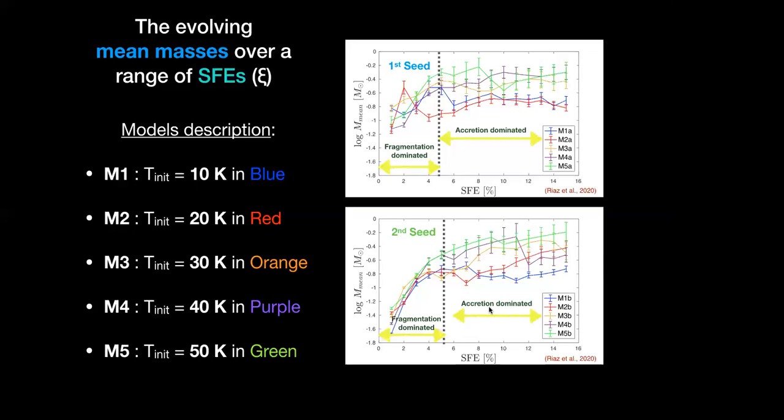So we can conclude that the CMB contribution is coming into existence with more pronounced effect in the accretion dominated regime, where the adiabatic phase is going on and the stellar masses are more dependent on what was the initial temperature of the gas cloud, what was the CMB contribution of the gas cloud. In that sense, we say that the final masses of the stars, or the IMF, is going to be determined by the CMB contribution.